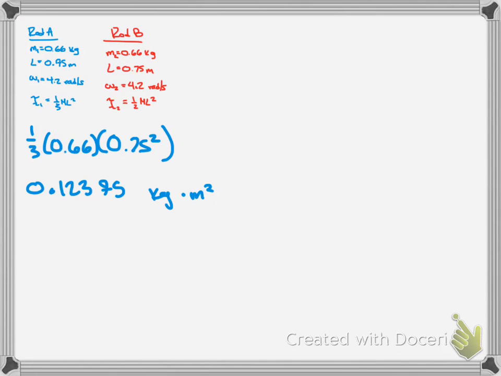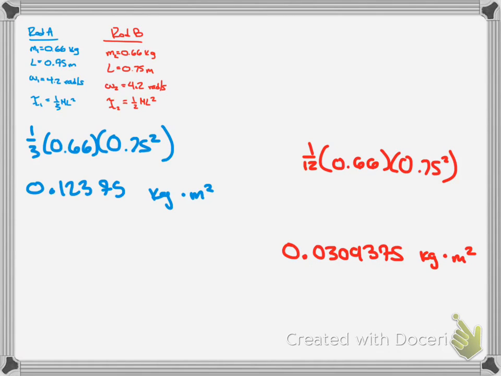And then for rod B, you plug in for 1/12 of ml squared, which would be 1/12 times 0.66 times 0.75 squared. And then you plug that into the calculator and you get 0.0309375 kilograms times meter squared. So those are the inertias for each rod.